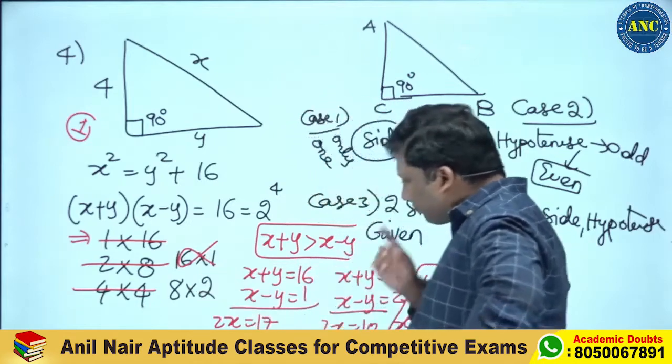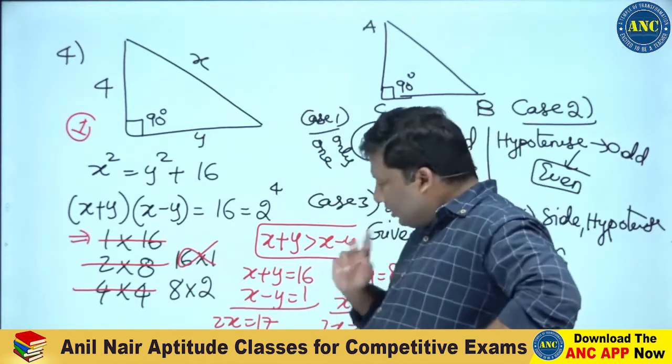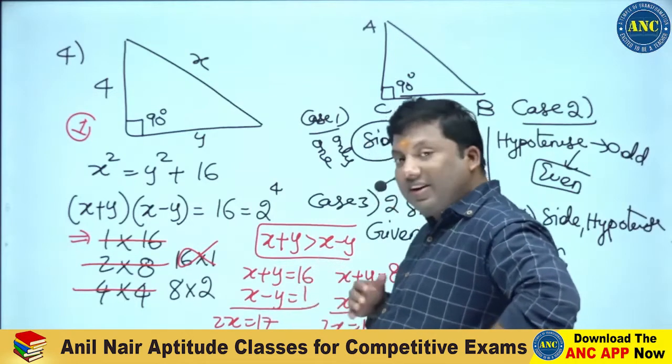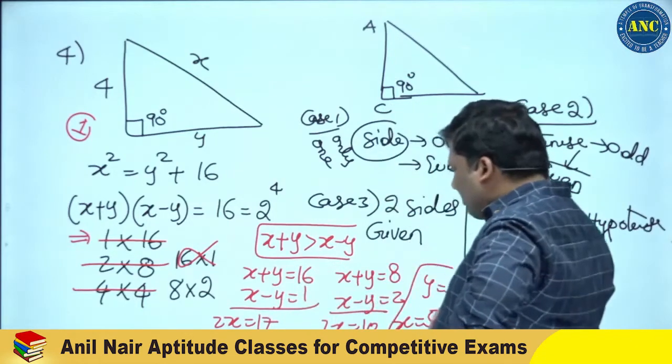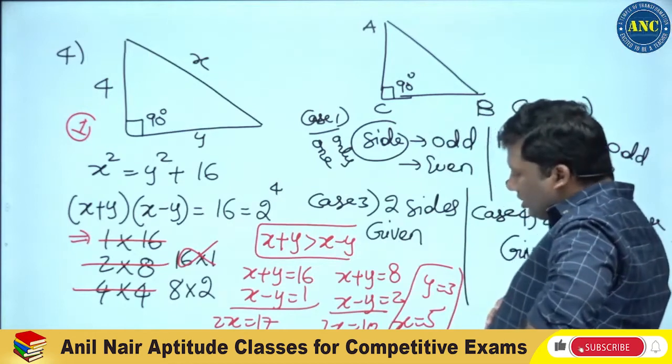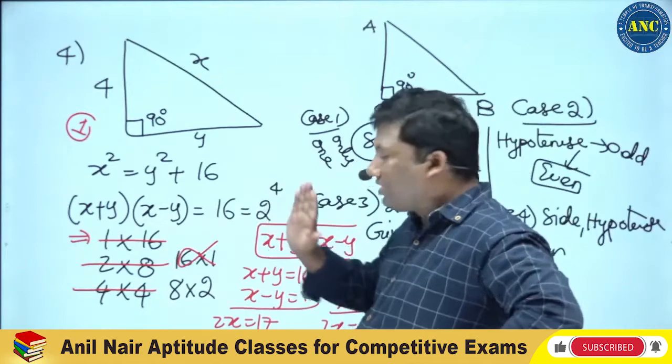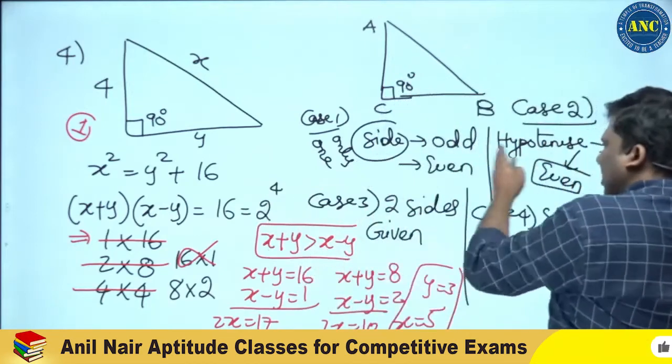Taking 16 into 1, x plus x is 2x, 16 plus 1 is 17, an odd number. So 2x is 17 is not possible. Only one case. This is a simple example, and these are the cases that we discuss.